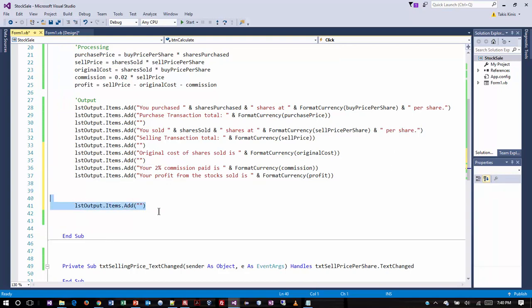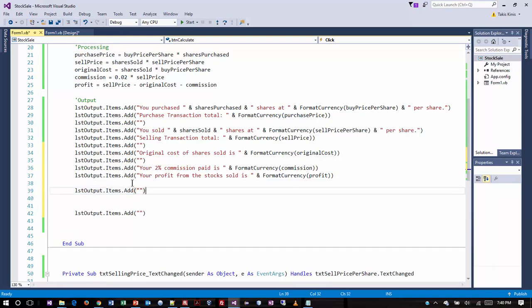And I'm not sure I really need this thing here at the bottom, but you know what I might do? I'm going to just put in a little message. Thank you. Thank you for using our program.